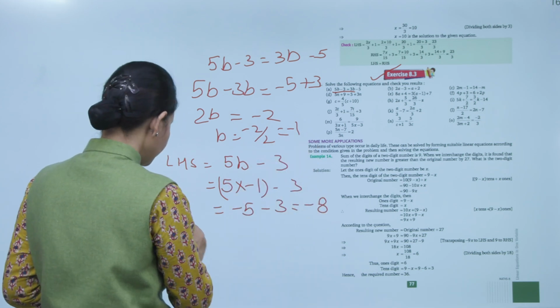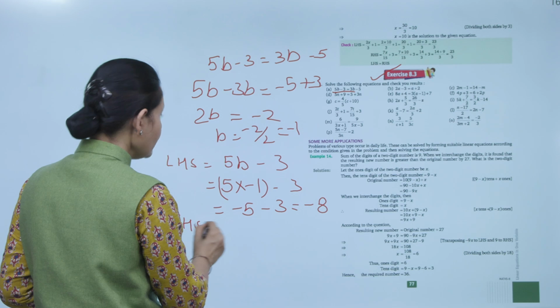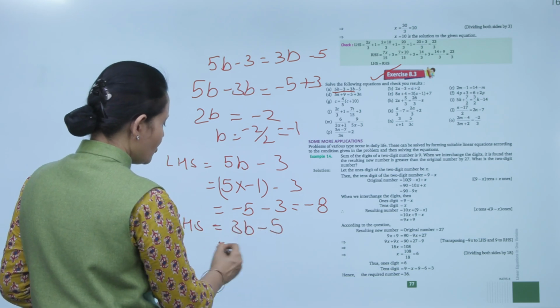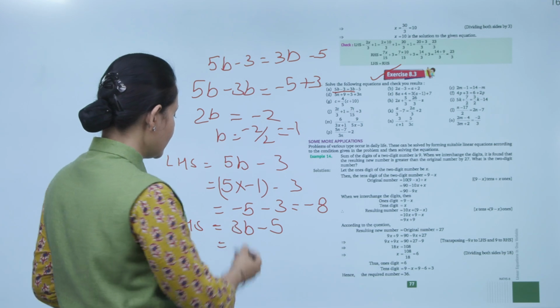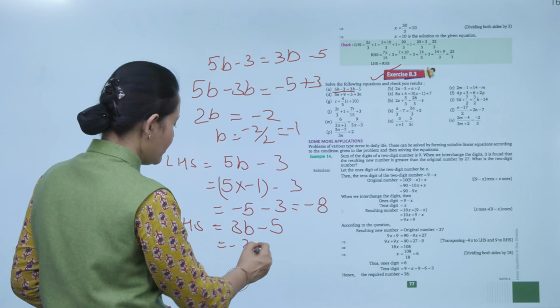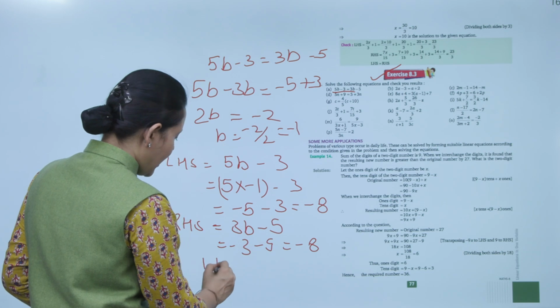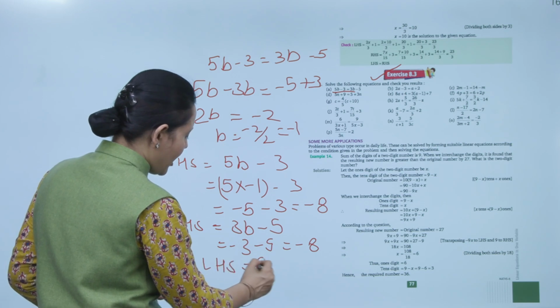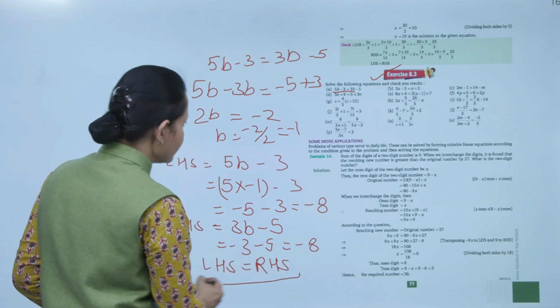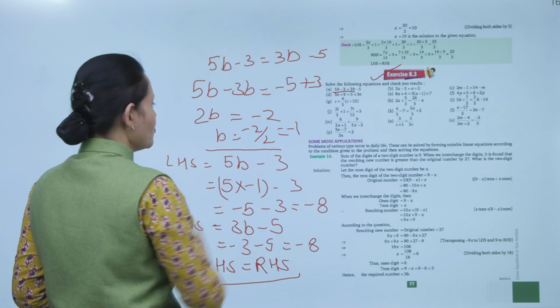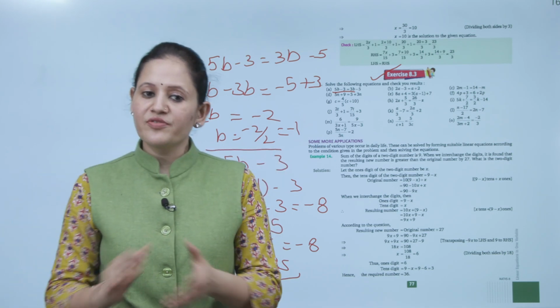Now the right hand side, that is 3b minus 5. So 3 into minus 1, that is minus 3, and minus 5, that is minus 8. That means LHS equals RHS. That means b equals minus 1 is the solution of the given equation.